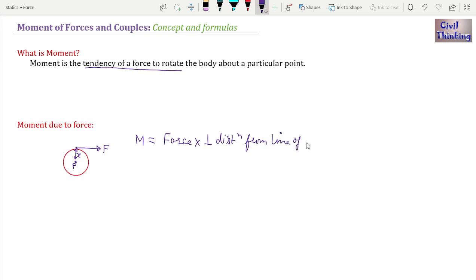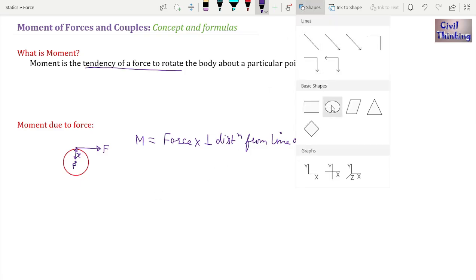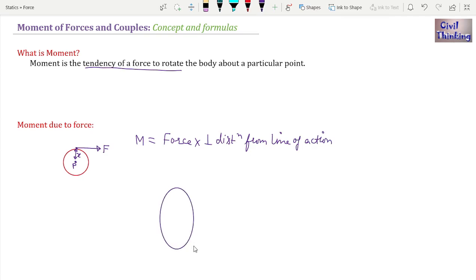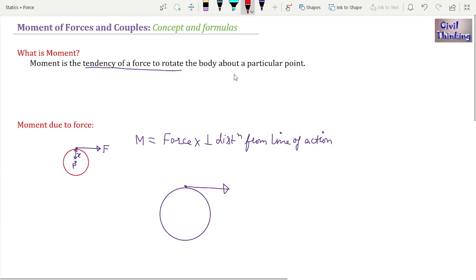I will explain this in a moment. Every force has a line of action. If I draw a circle here, for example, this is a circular body, and a force is acting here at this point, of course it is acting along this line of action, right?